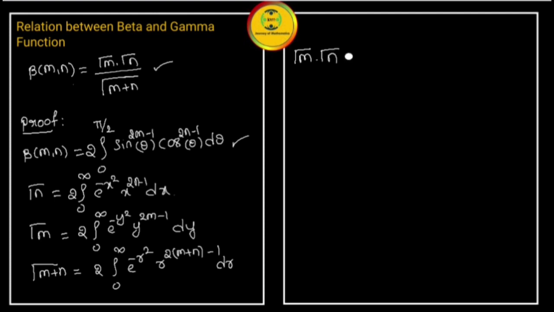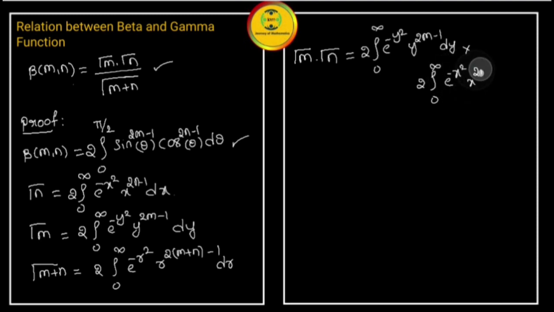If I multiply these two integrals, we get 2 into integral 0 to infinity e power minus y square into y power 2m minus 1 dy, into 2 into integral 0 to infinity e power minus x square x power 2n minus 1 dx.